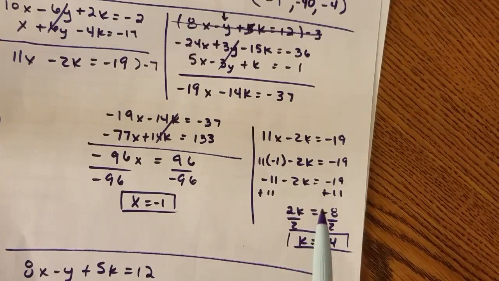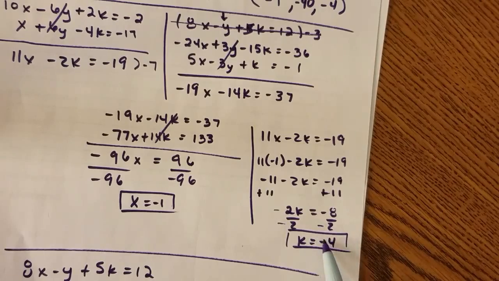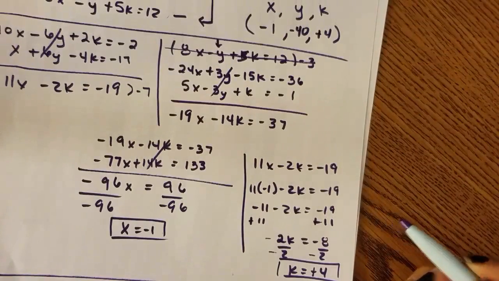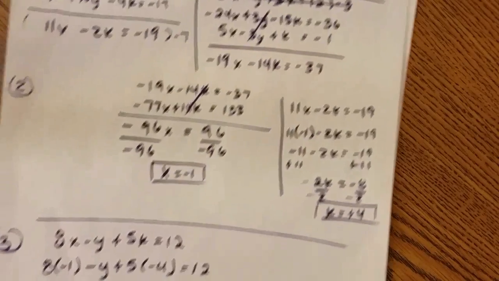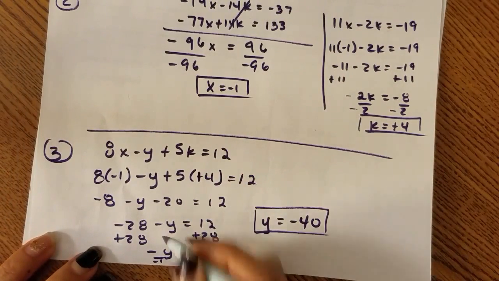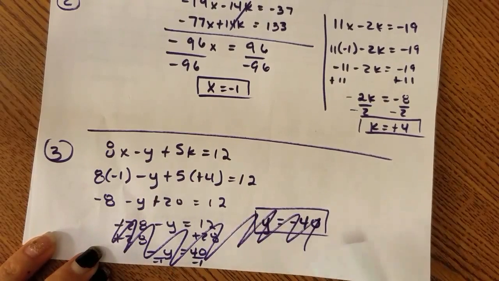Right here, I have negative 2. I missed that negative, so I divide by a negative 2 here, and a negative 2 there, which would make my k a positive 4, which means when I come down to solve for y, that would make that a positive 4, which would make that a positive number, which would make all of this incorrect.